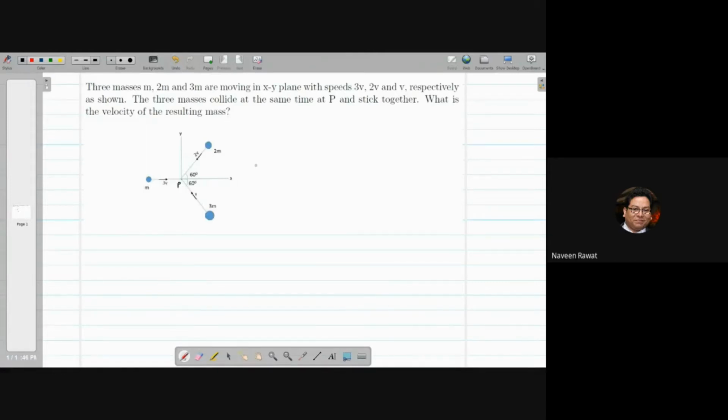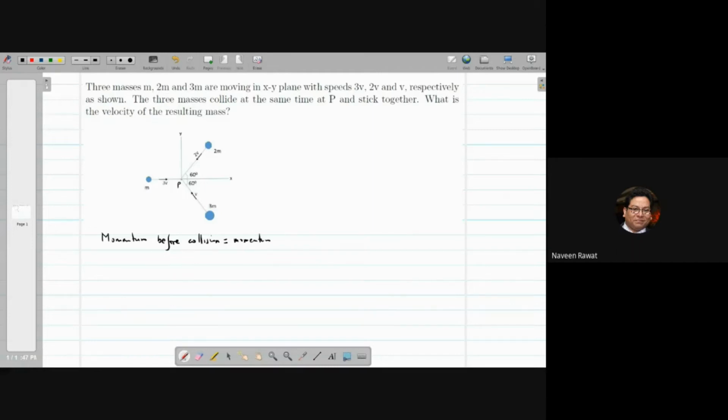Okay, the starting point in this problem is that you have to decompose the momentum in the x and y directions. So we have our equation of conservation of momentum, that is simply stating that momentum before collision is going to be the same as momentum after collision.